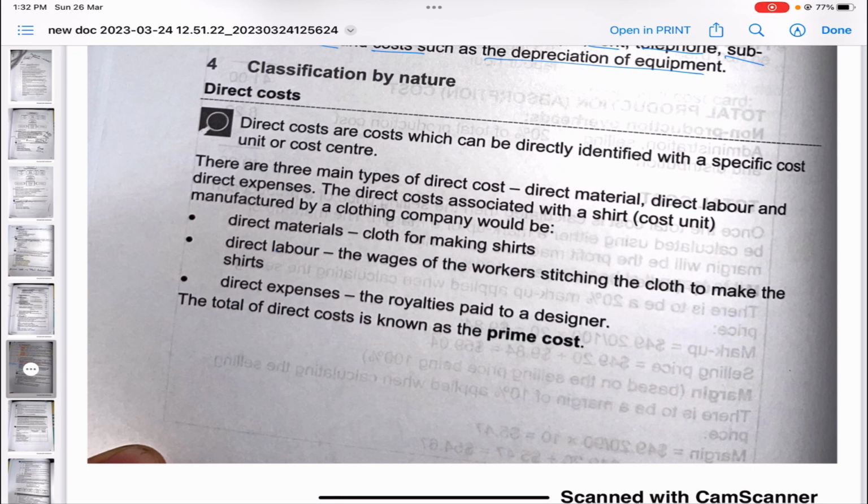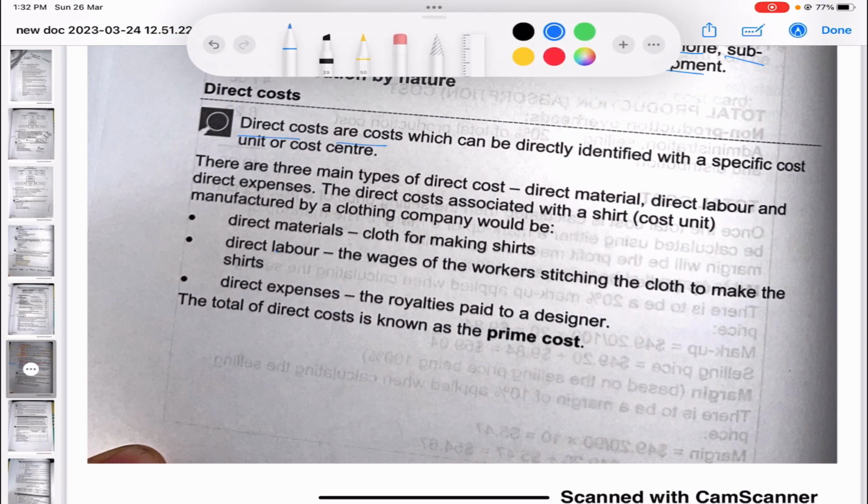Let's read the definition of it so that we can understand it. Direct costs are costs which can be directly identified with a specific cost unit or a cost center. So they can be directly identified. So you can easily identify the direct costs. There are three main types of direct cost: direct material, direct labor and direct expenses. So we saw the classification by element, right?